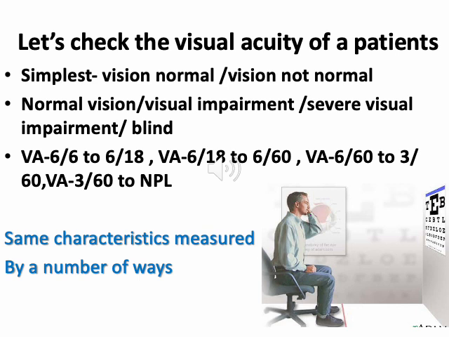So the variable here takes the values normal, not normal. Then we can assign a grade: normal vision, vision with some kind of visual impairment, severe visual impairment, and total blind. So here we have an intuitive grade.